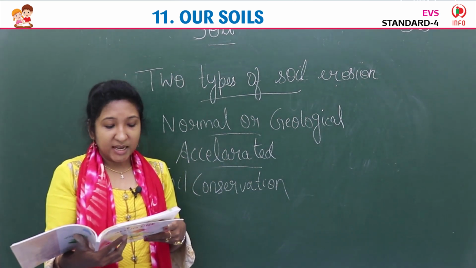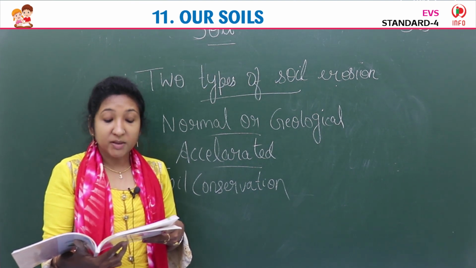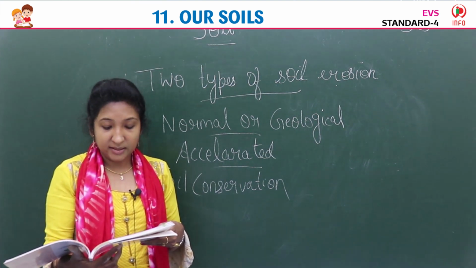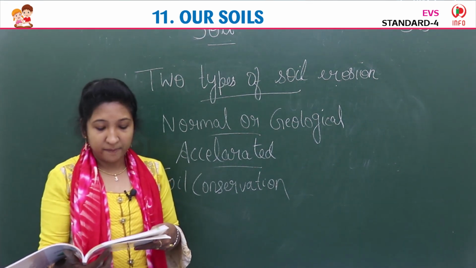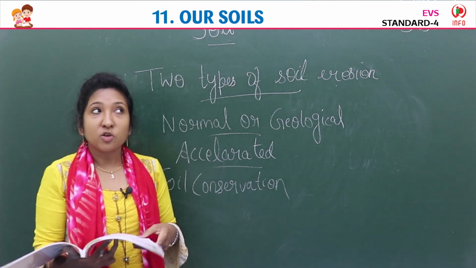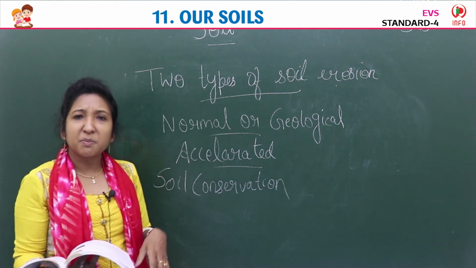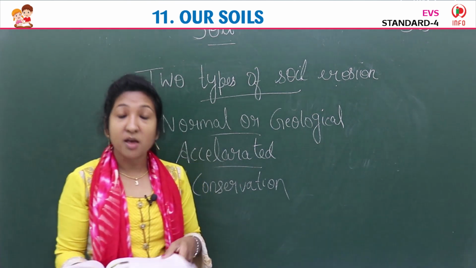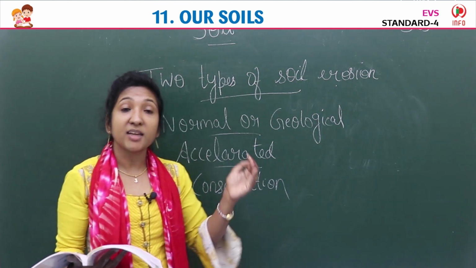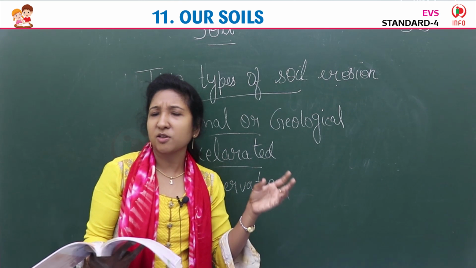Where erosion is taking place or the soil is becoming contaminated with metals, acids, or through overuse, it becomes lost. Soil is getting contaminated, becoming impure or polluted, when soil gets mixed with these kinds of metals or acids.